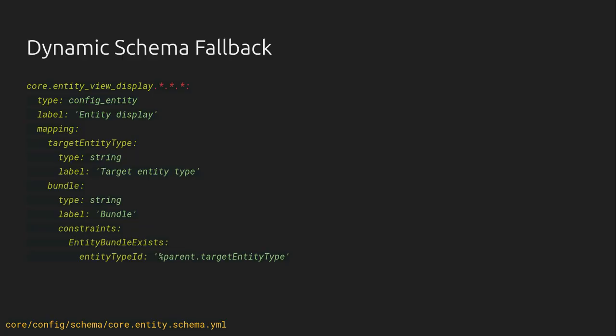It doesn't matter if it's a node or a taxonomy, or if it's from the article bundle or the tag bundle or whatever. They all need to have a target entity type property on them and a bundle property on them as well. Everything that we're ever going to create, every entity and every bundle and every view mode within that bundle, will always have this as a schema, as a basis. And other things can build up on top of this.